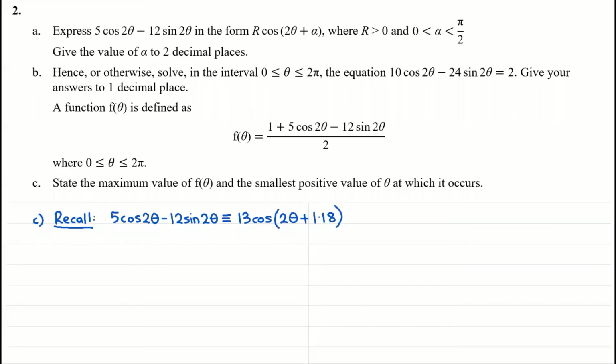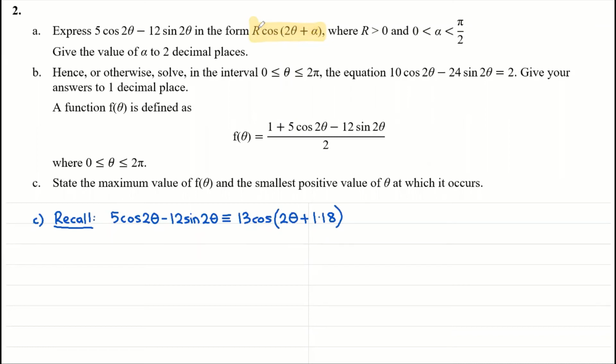Okay, so for the last part, I've just given you a bit of a recap. Remember that we found that 5 cos 2 theta subtract 12 sine 2 theta can be rewritten as this single cosine, which we did right back in part A. So that's taken from this form which we expanded, and we found alpha and we found r.